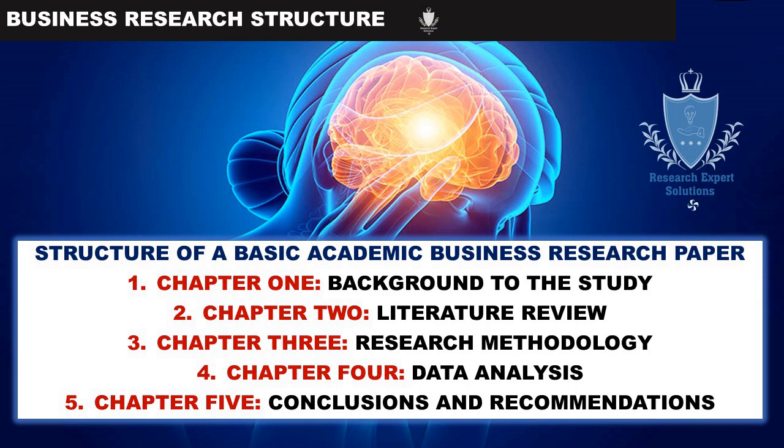And then we can move on to chapter 2, where we talk about the literature review. So basically, a breakdown of the literature review just involves two major parts. That's the empirical literature as well as the theoretical literature, right?